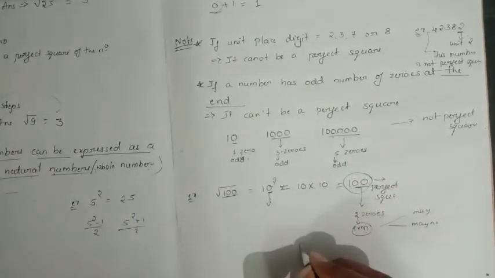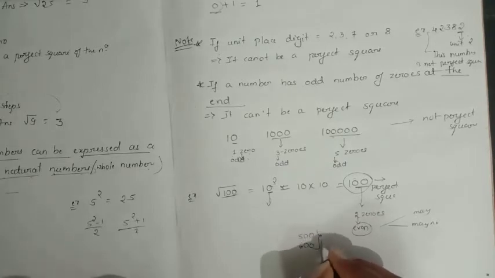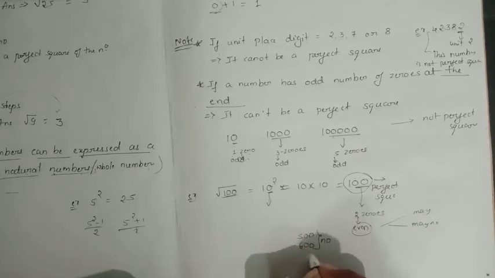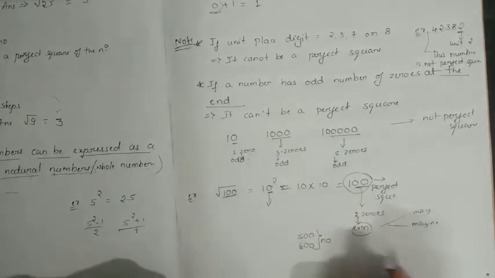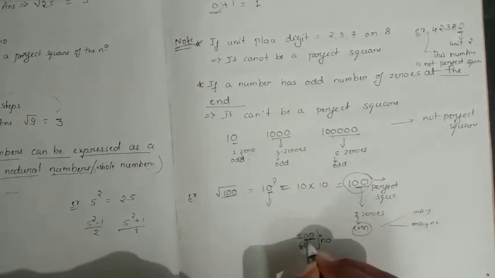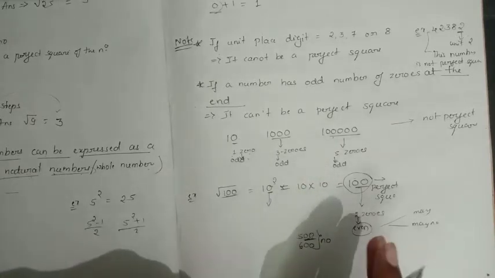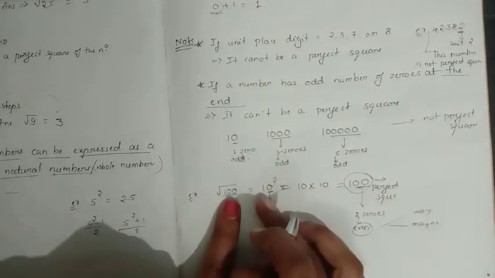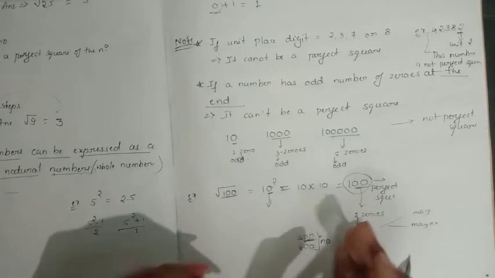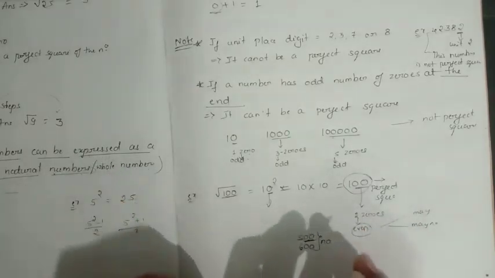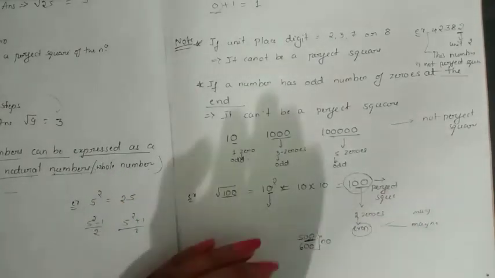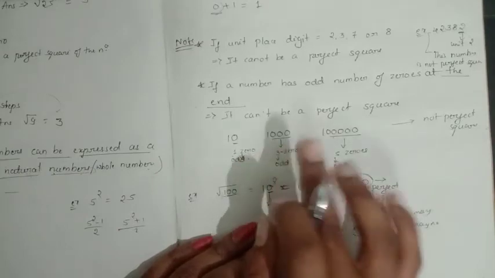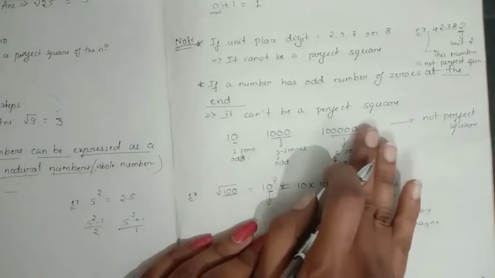But 500 and 600 are not perfect squares of any number, even though these numbers have two zeros, that means an even number of zeros. So when there is an even number of zeros, by observation it is not possible to differentiate. But if there is an odd number of zeros, then definitely it is not a perfect square.